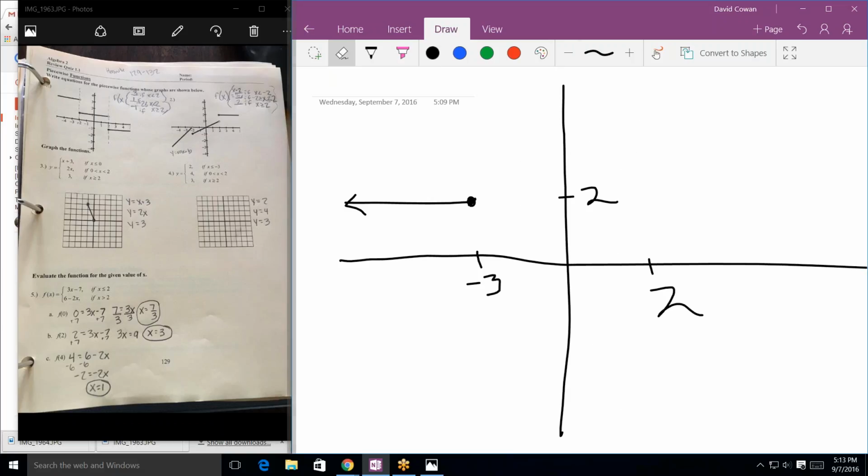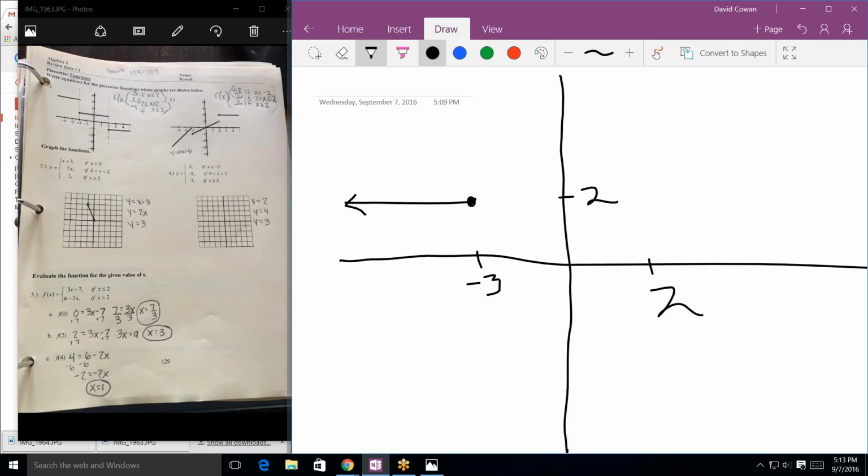We're only going to graph this function, y equals 4 is the name of the function, in the region between 0 and plus 2. What kind of line is that?